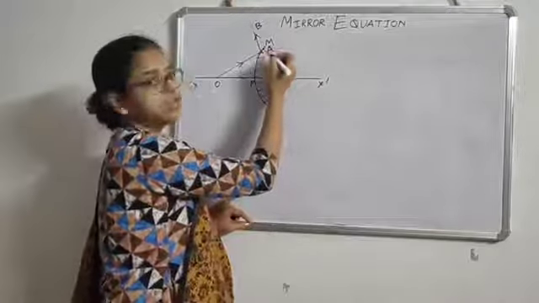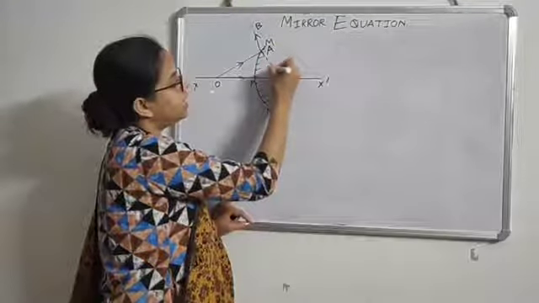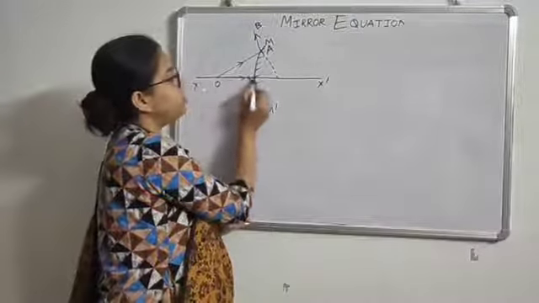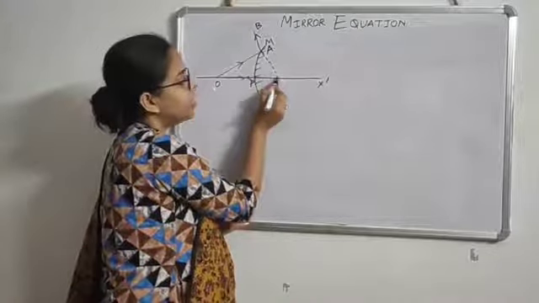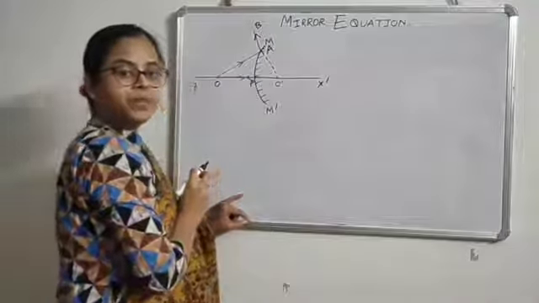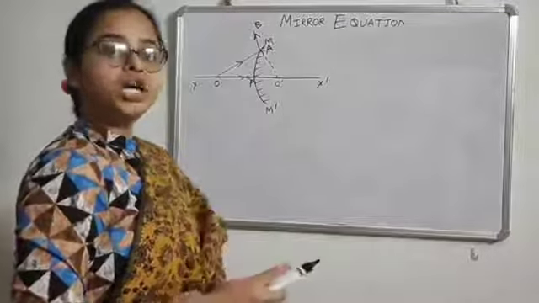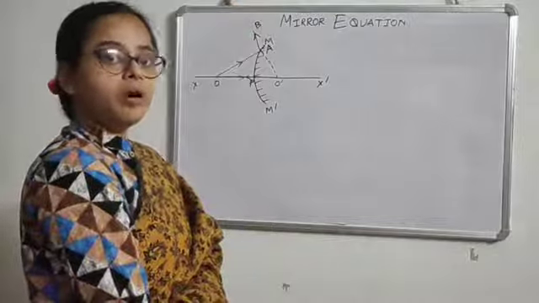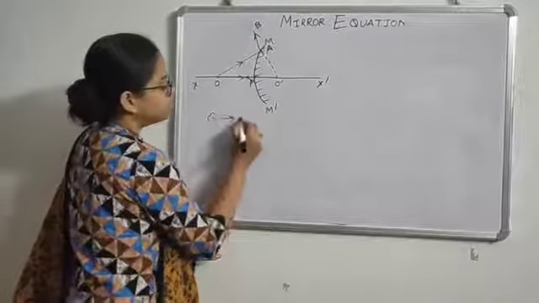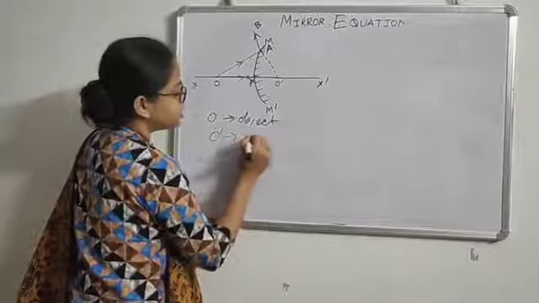I am producing the second reflected ray AB backward like this, and the first reflected ray PO is produced backward like this and meets at a point O dash. Here O dash is the virtual image of the point object O. So O is the object, O dash is the virtual image.